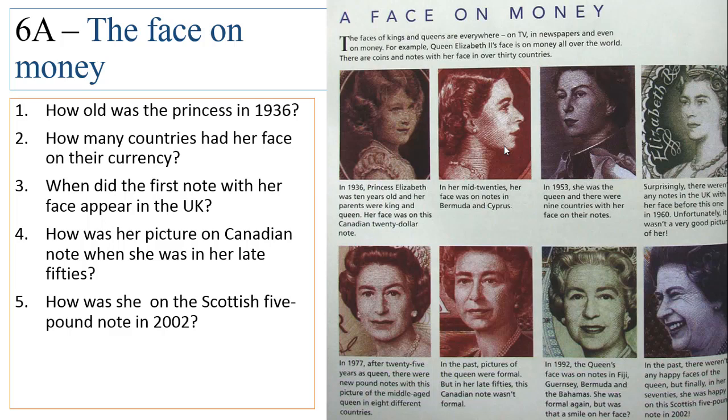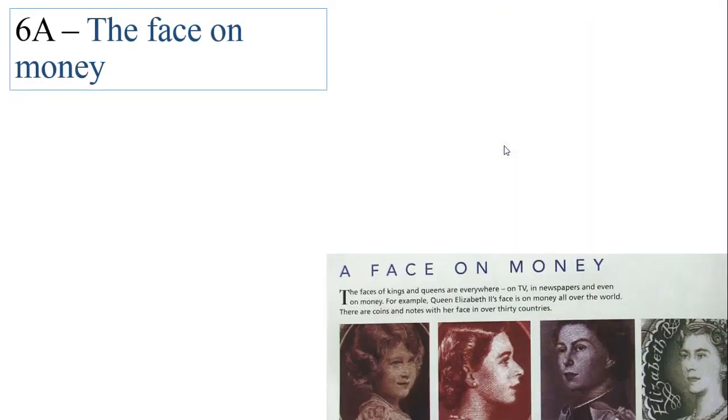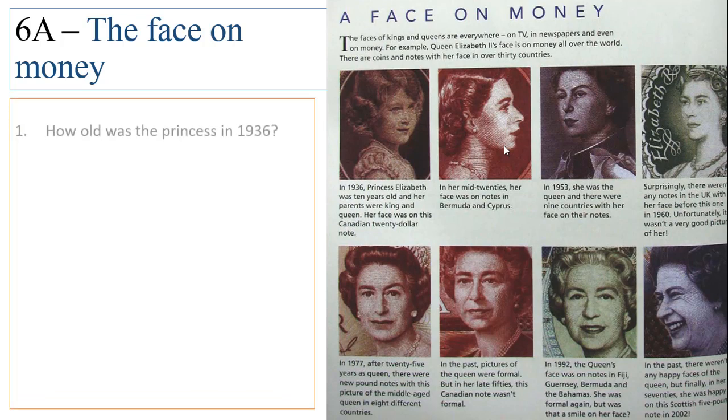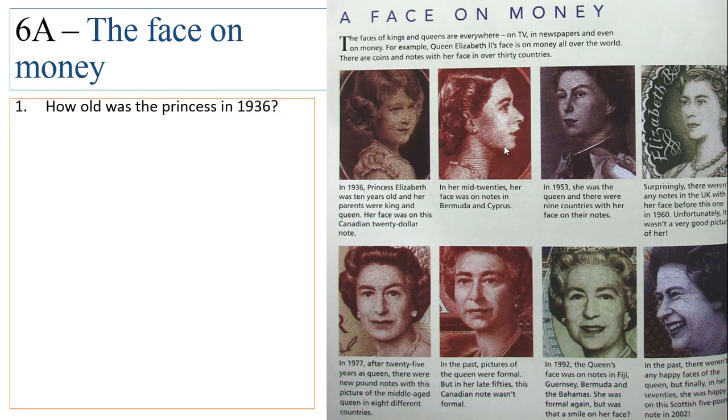Alright, so I suppose you already have your answers. Let's see. With the first question, how old was the princess in 1936? As I told you before, whenever you do the reading task, you need to use the keyword to find out the information. So you will see the keyword in number 1.